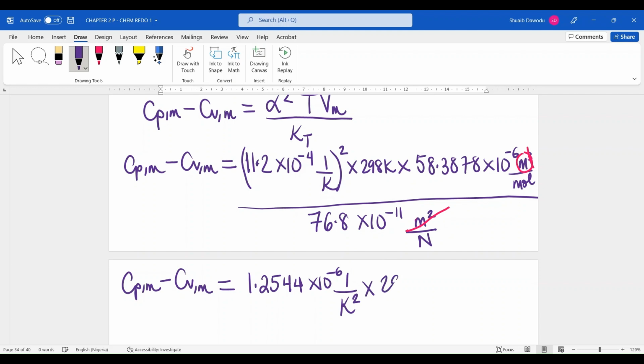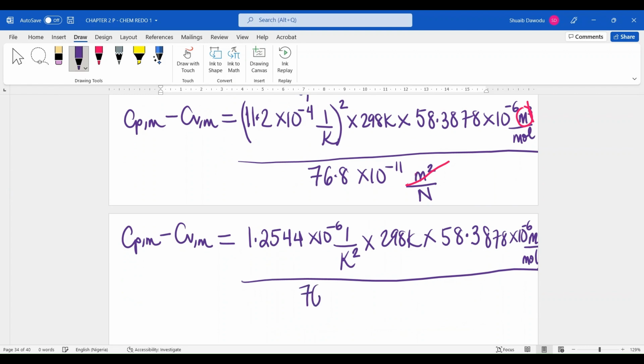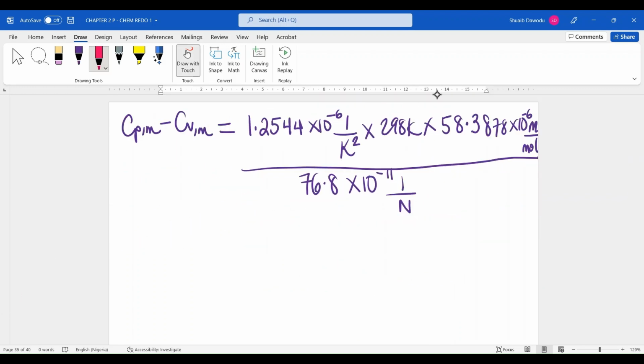Times 298 Kelvin times 58.3878 times 10 raised to the power of negative 6 meter per mole, divided by 76.8 times 10 raised to the power of negative 11, 1 over Newton. So you divide Kelvin and you also divide Kelvin here.